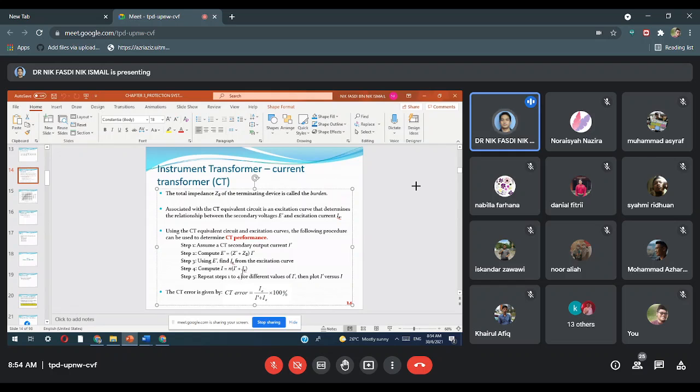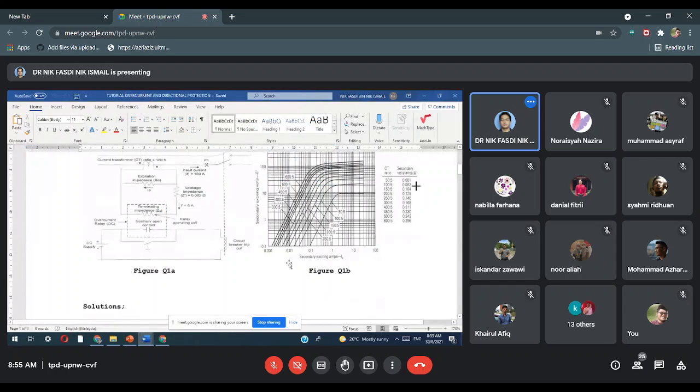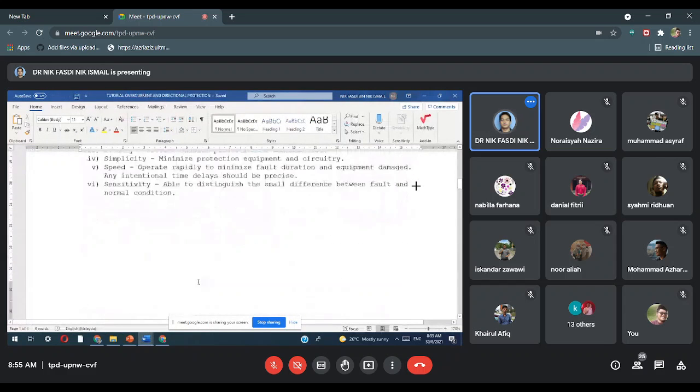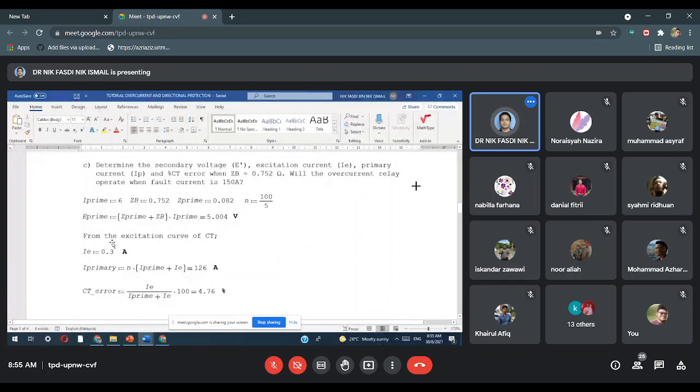Tapi of course we need to know the IE, excitation current from the curve. Okay, so for this question we need to determine the E prime. That's why kat sini you cari E prime. In this value is 5 volts. From the excitation curve of CT, we can obtain the value of IE is 0.3.